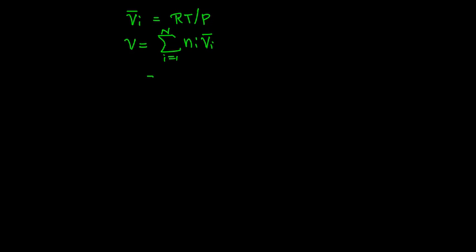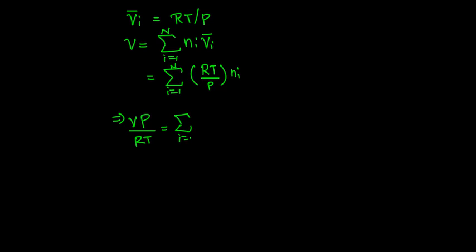So what I do is substitute the equation above here, as RT by P is independent of any of the i's. So what I get is PV upon RT equals summation of Ni, which equals capital N, and this is nothing but the total number of moles of the individual components.